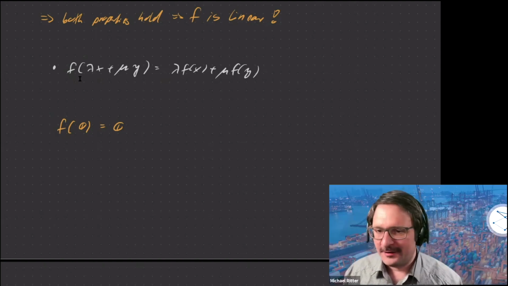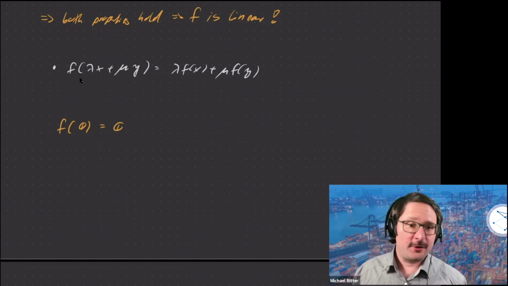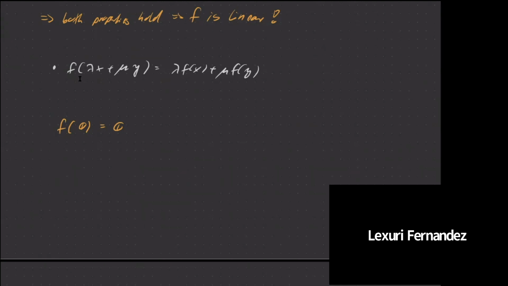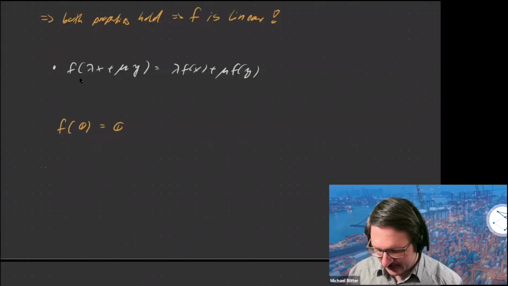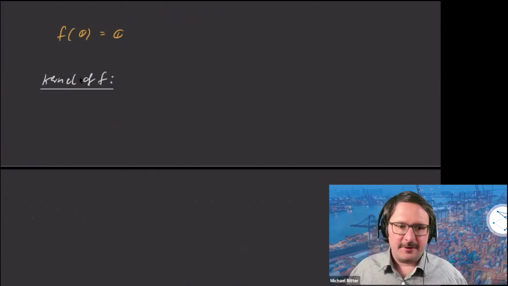Okay, great. So let's continue with the second part of this, which is to compute a basis of the kernel and the image of F. Okay, so let's start with the kernel. For a linear mapping, we can compute bases of the kernel and the image.